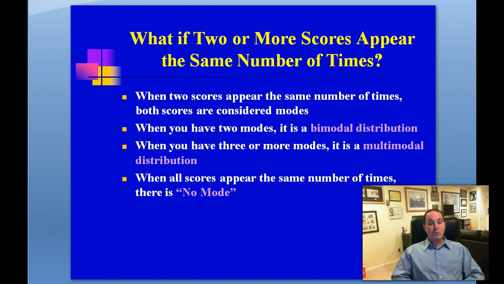And when all scores appear the same number of times, then there is no mode. So if we had a distribution of 8, 8, 10, 10, 14, 14, and 40, 40, all of those scores occur twice, and therefore there would be no mode.